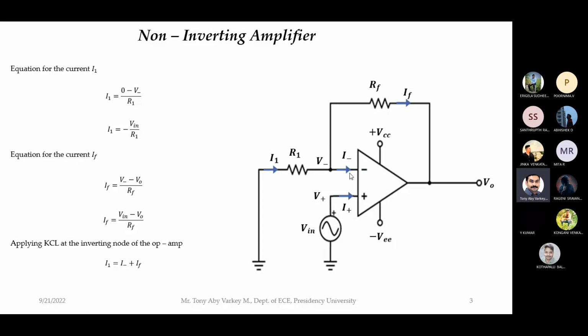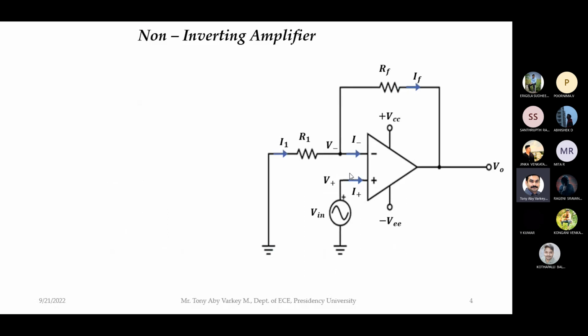Now I know what is I1 and what is I minus and what is IF. I1 is minus V in by R1. What is I minus? 0. And IF is V in minus VO by RF.